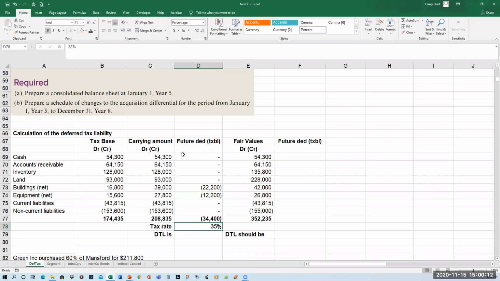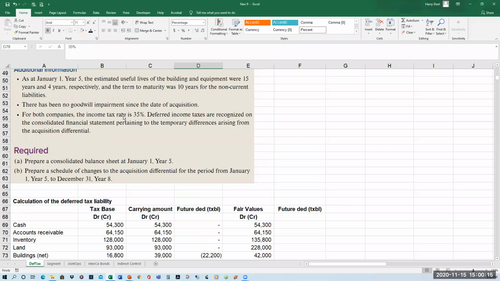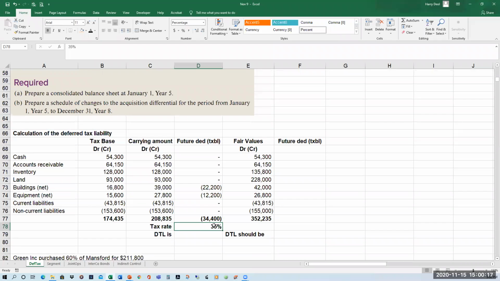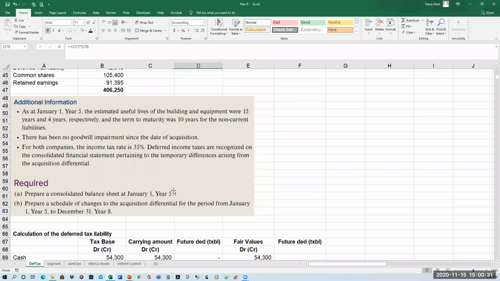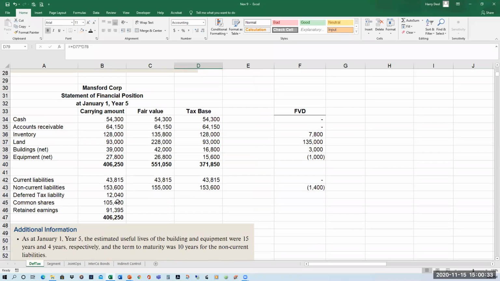Given the tax rate is 35% for both companies, 35% multiplied by 34,400 gives us a deferred tax liability of $12,040. That is the reason why Mansford Corp has a deferred tax liability of $12,040 on its books.